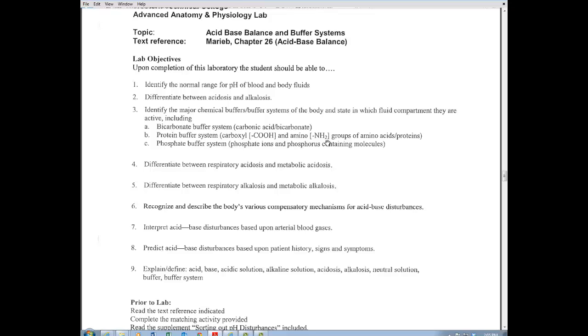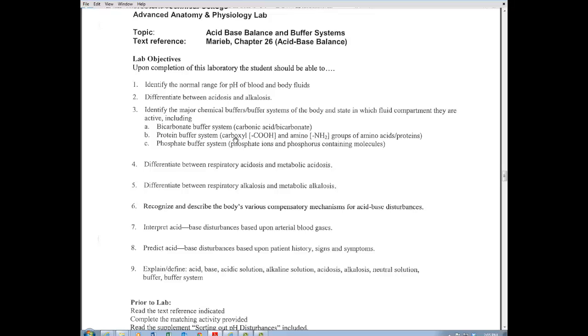We can see that it will bind excess hydrogen ion, and that can bring pH up if we're in an acidic situation. So depending on what the conditions are in the body, these proteins can either bind or release hydrogen ion from one end of the protein molecule.